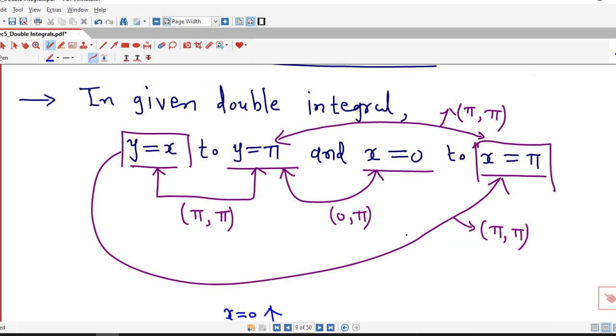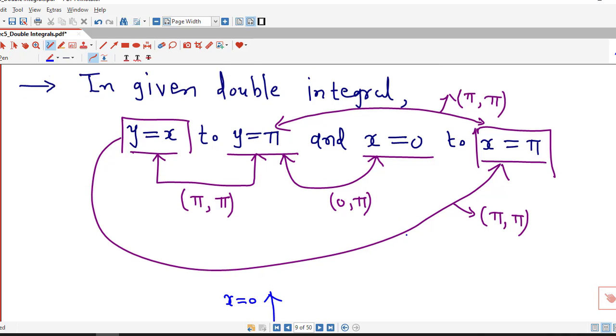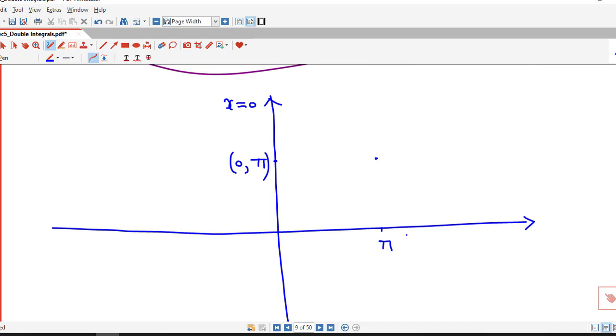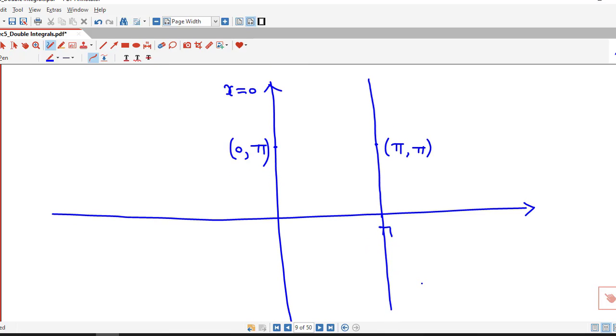Now we sketch the different lines. We have y equal to x, y equal to pi, x equal to 0 and x equal to pi. So x equal to pi means passing through these 2 points. We can sketch x equal to pi as the line parallel to the y-axis passing through these 2 points.